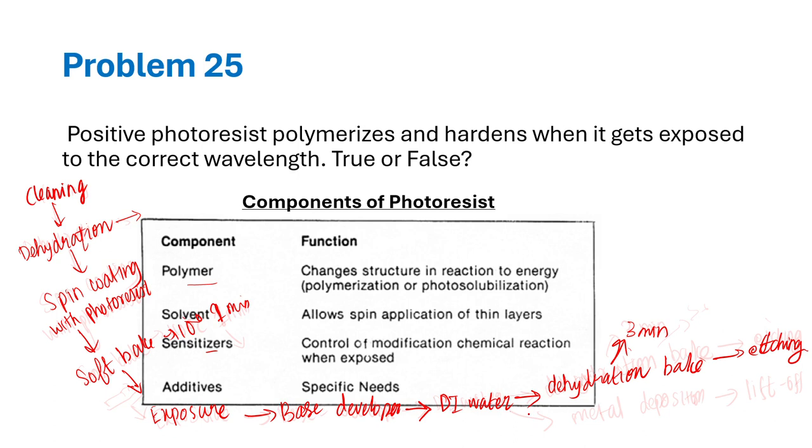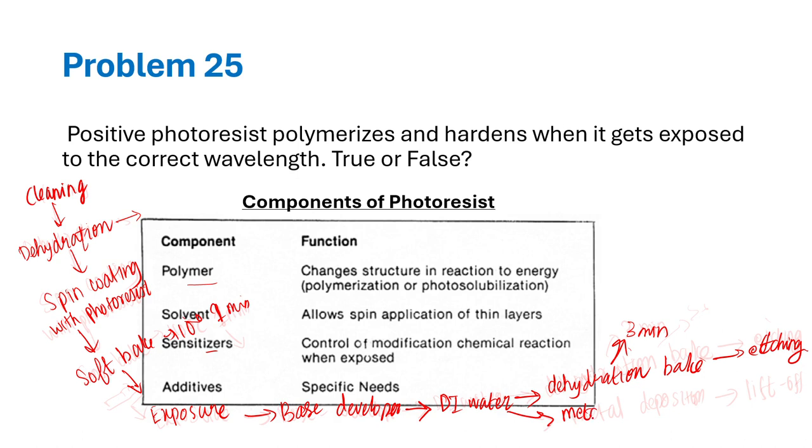Otherwise the photoresist will be soft, so when it gets exposed to plasma, or in the case of chemical etching also, when it gets exposed to the various chemicals, it can get peeled off, or it will get damaged, so that the etch will not happen in the desired region, it will happen in undesired regions as well.